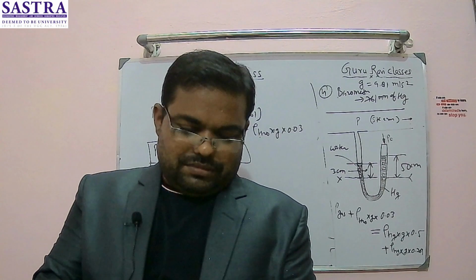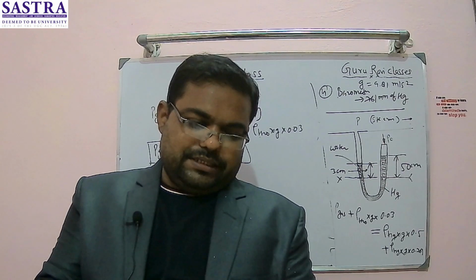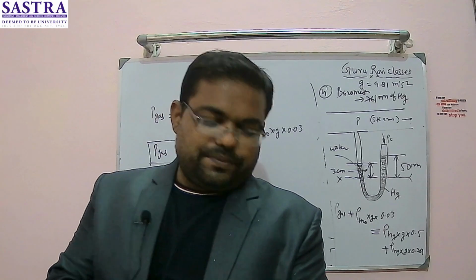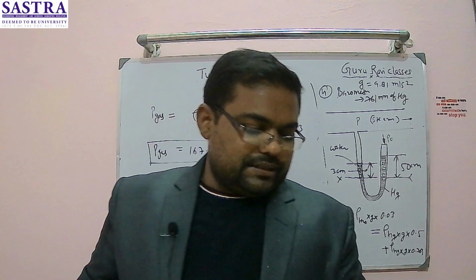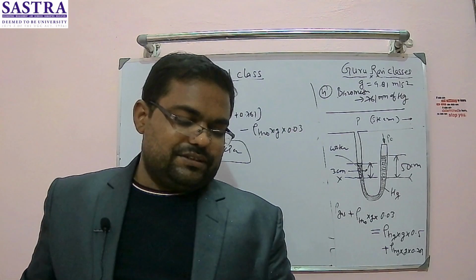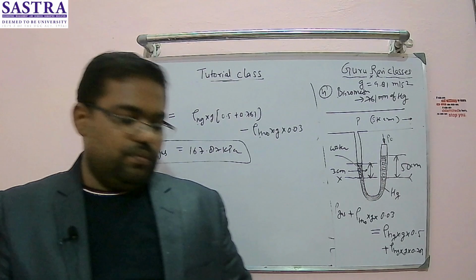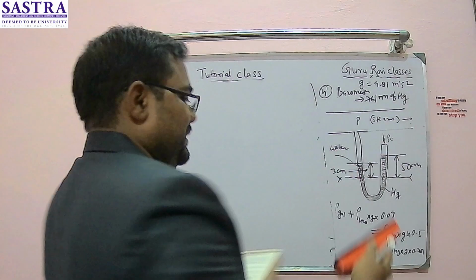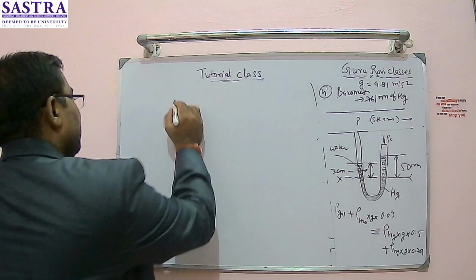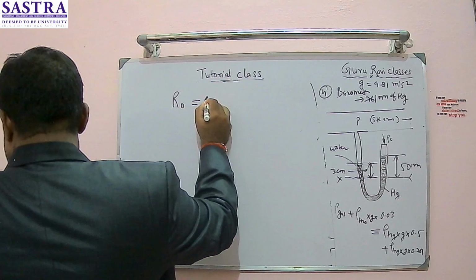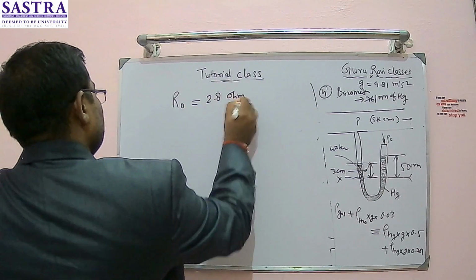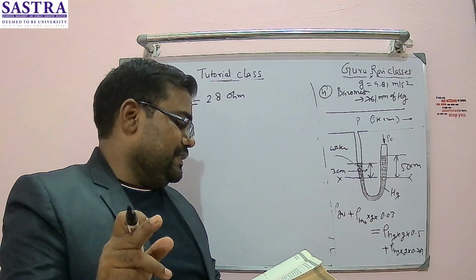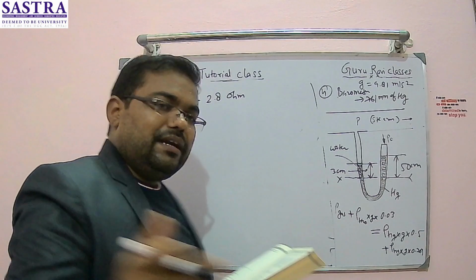Roughly I will solve some 2 or 3 problems from the temperature scale. Take the first problem. A platinum resistance thermometer has a resistance of 2.8 ohm at 0 degree Celsius, so I will represent that as R0, which is given as 2.8 ohm, and 3.8 ohm at 100 degree Celsius.